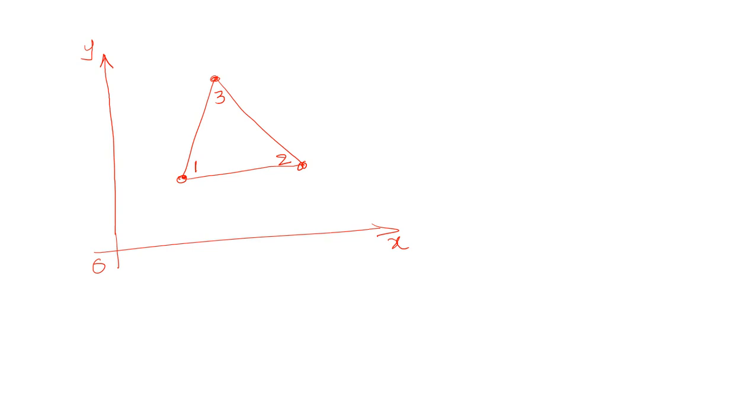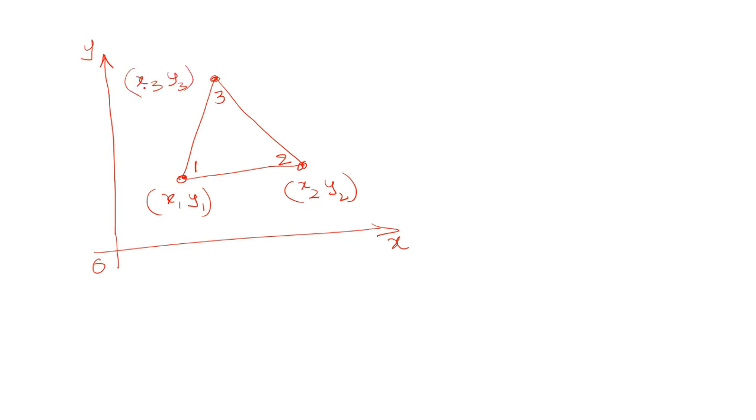First, this element has some coordinates. Node 1 is placed at x1, y1, the second one is x2, y2, and the third one is x3, y3.